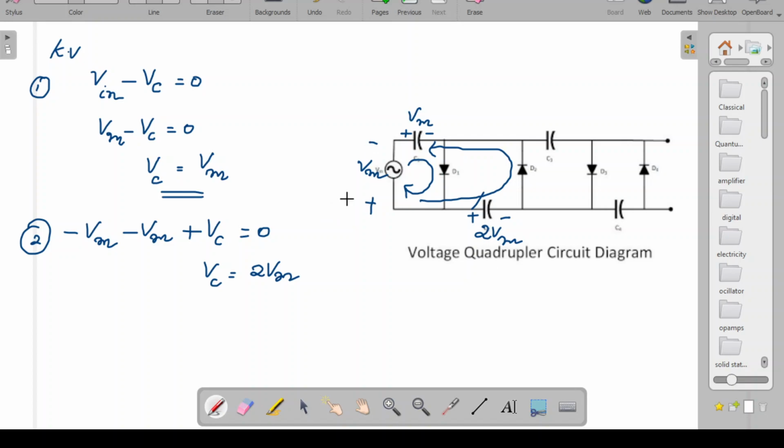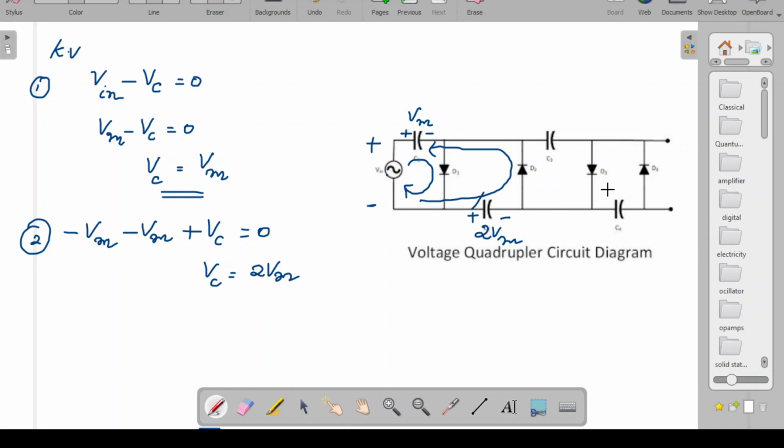Now coming to the next positive half cycle. Coming to the next positive half cycle, I can write like this. You know that this diode D1 is going to conduct, as well as this, at that time this and this get charged. So it is easy for D3 also to get charged, because negative to negative, and all these are also negatively charged.